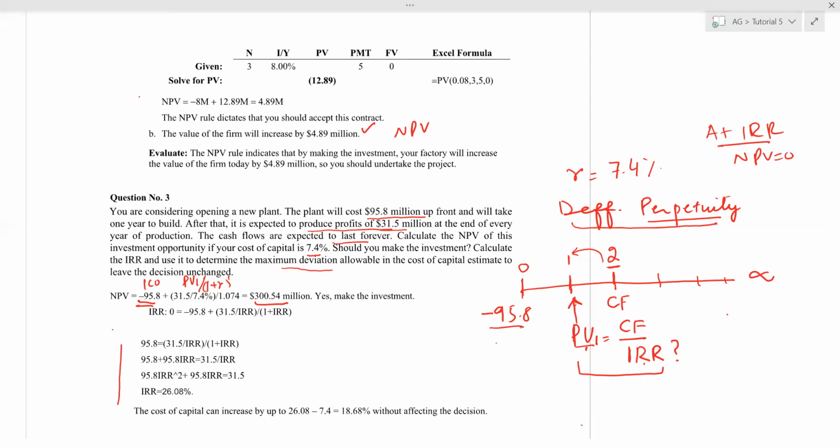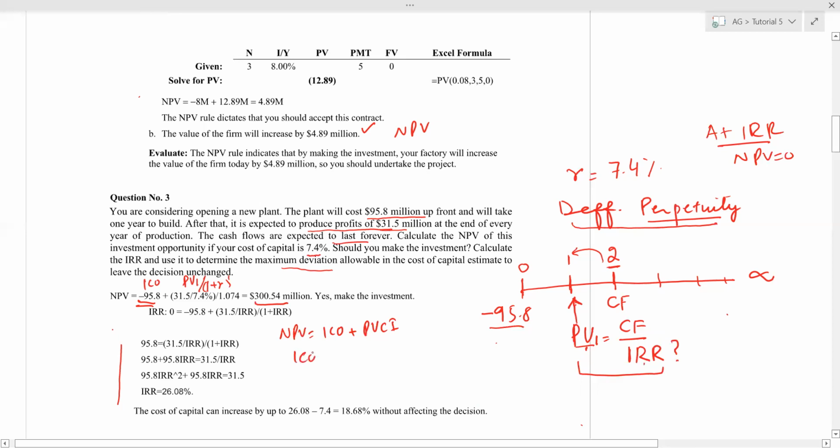Okay, how to do that? NPV is equal to ICO plus present value of cash inflow. Since at IRR NPV is equal to 0 and ICO is negative, ICO is equal to present value of cash inflow.